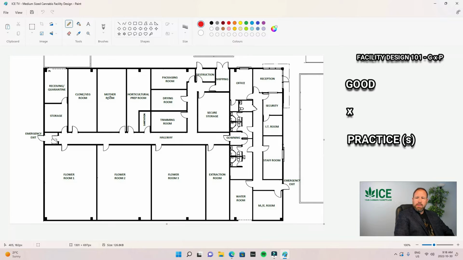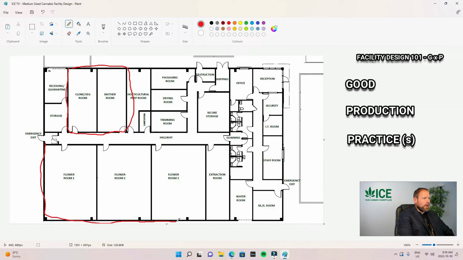The X, as I mentioned before, is a variable. There are many different variables out there, but generally speaking for cannabis specifically, we're going to start off with what we call production. So a GPP, a good production practice. What that essentially entails is anything that has to do with the growing of cannabis. So we're going to look at these rooms here and essentially the flower rooms.